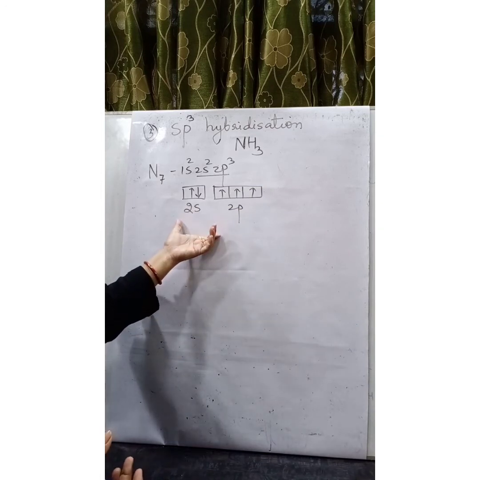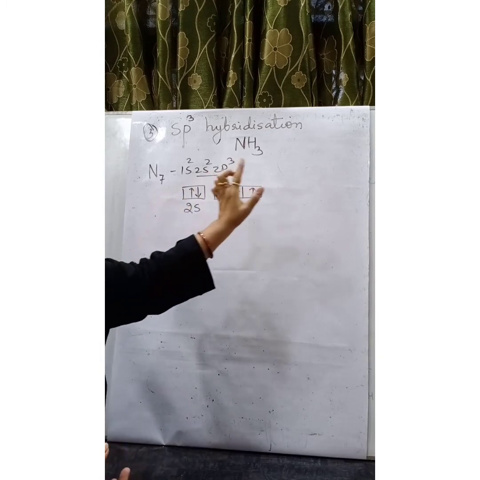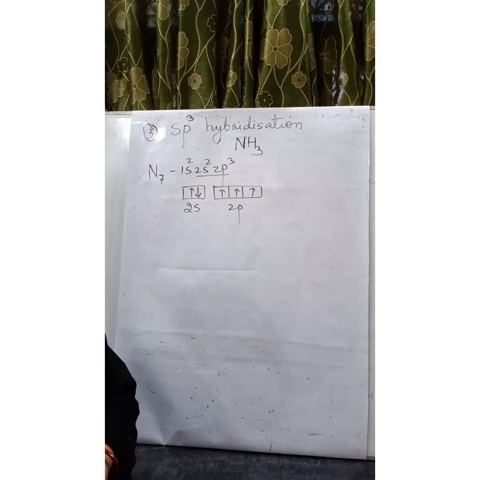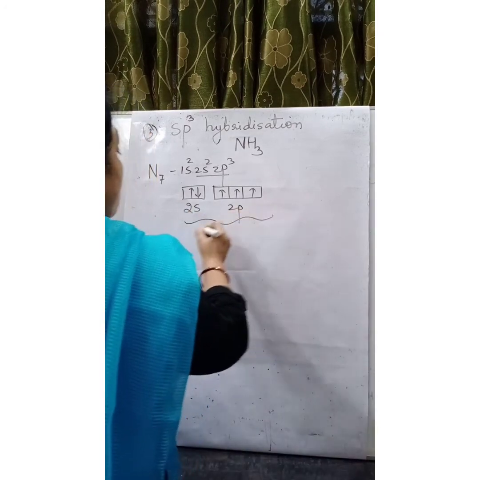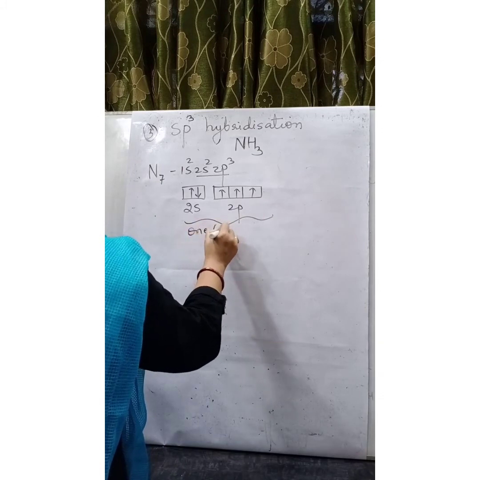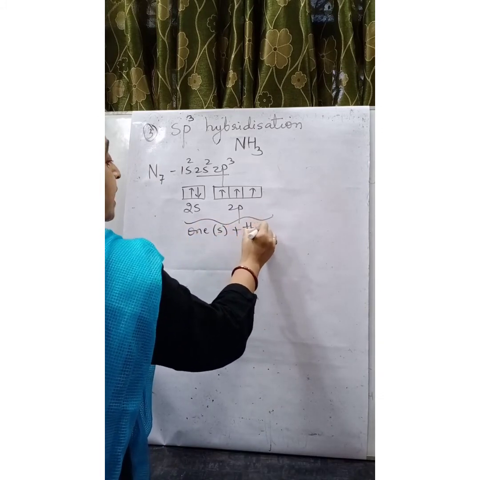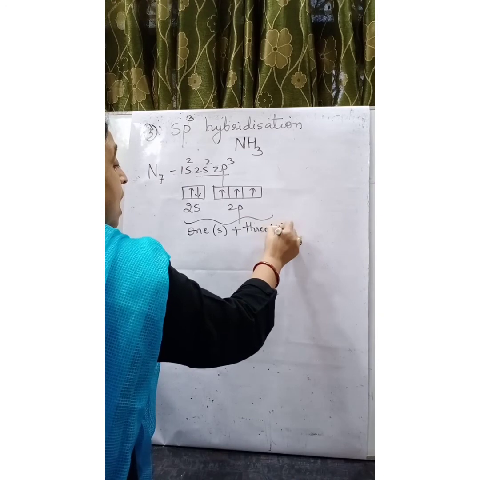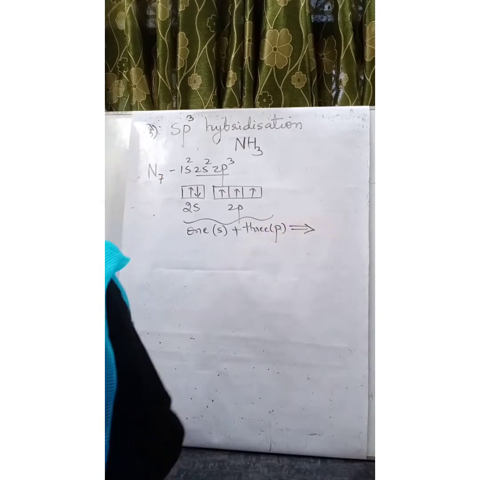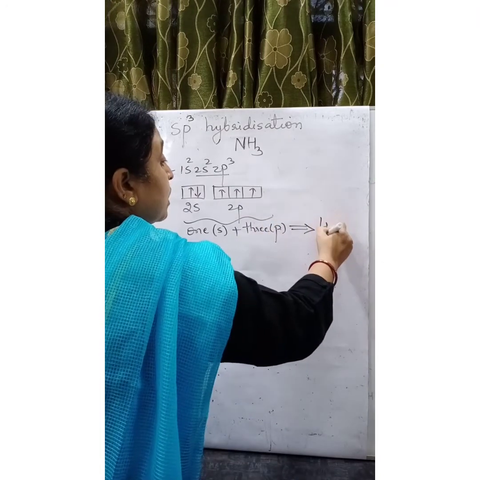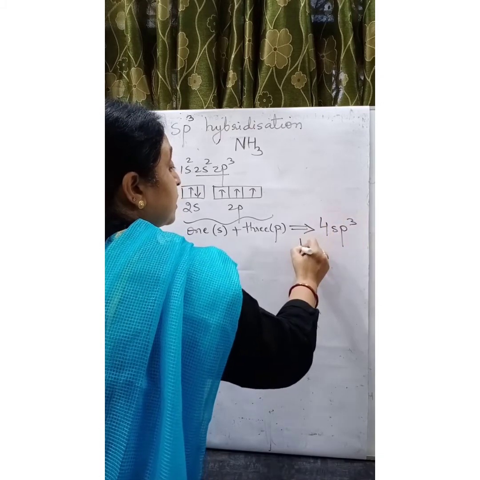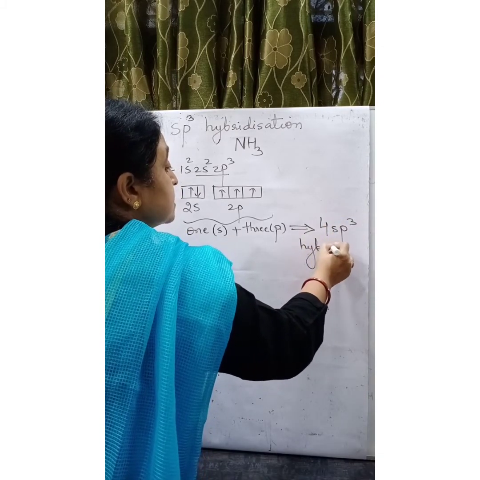We have already studied the condition of hybridization. Promotion of electron is not an essential condition of hybridization. So what happens here? The 1s orbital and 3p orbitals undergo hybridization to form a total of 4 sp3 hybrid orbitals.